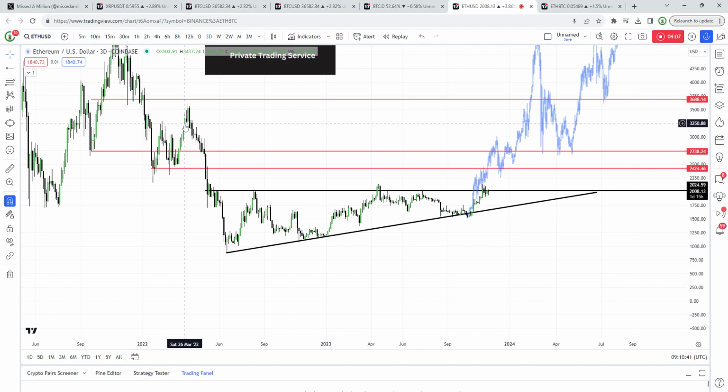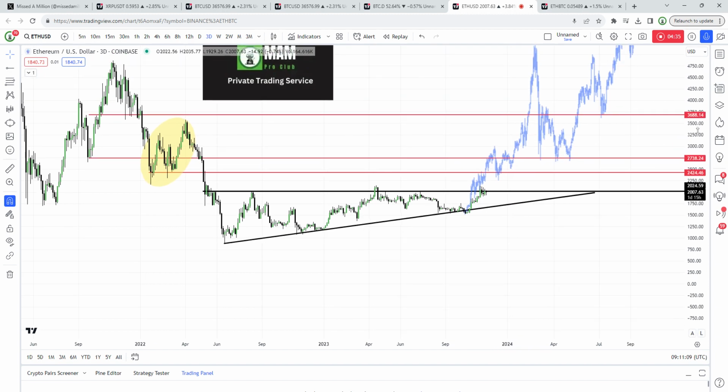Now, this zone here is the same zone that you see most altcoins struggling at. What you'd want to see is ETH really test this zone. This fractal does allow for it, and it allows for us to come in, get rejected, and then slowly grind our way back up.